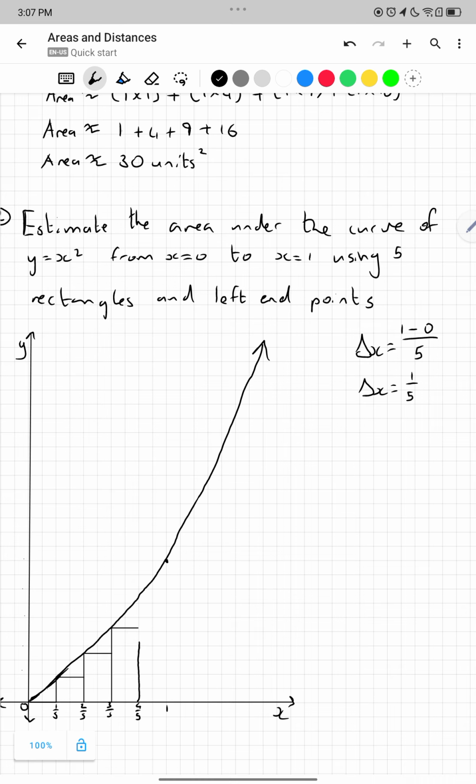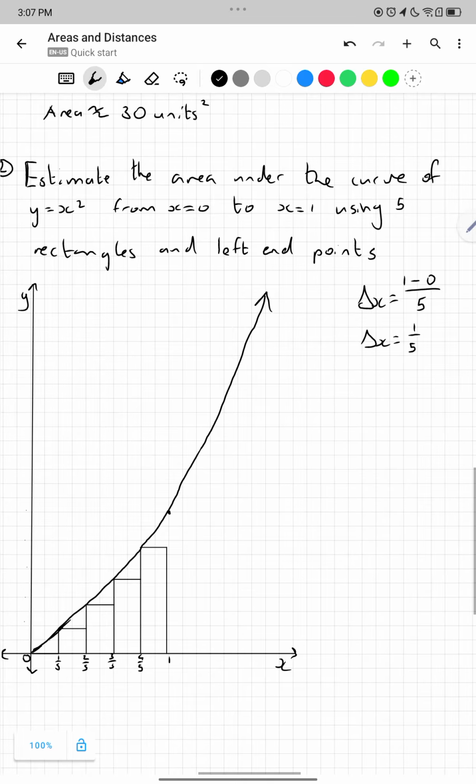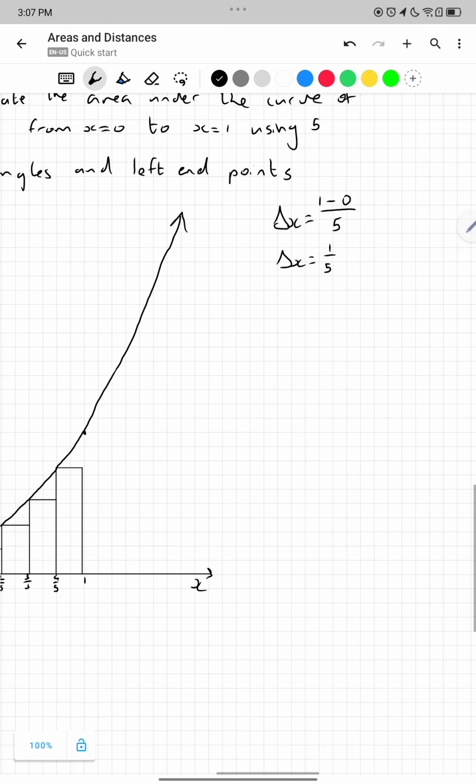The fifth one will be as follows. So all the widths are 1/5.